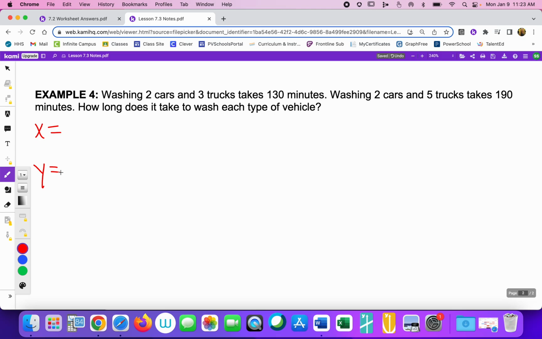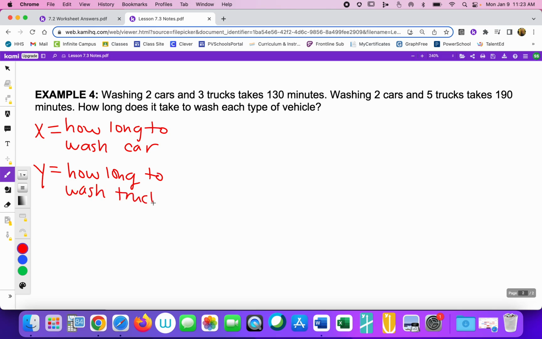So, how long to wash a car and how long to wash a truck. Okay. So it's not how many cars and trucks, it's how long to wash each type.